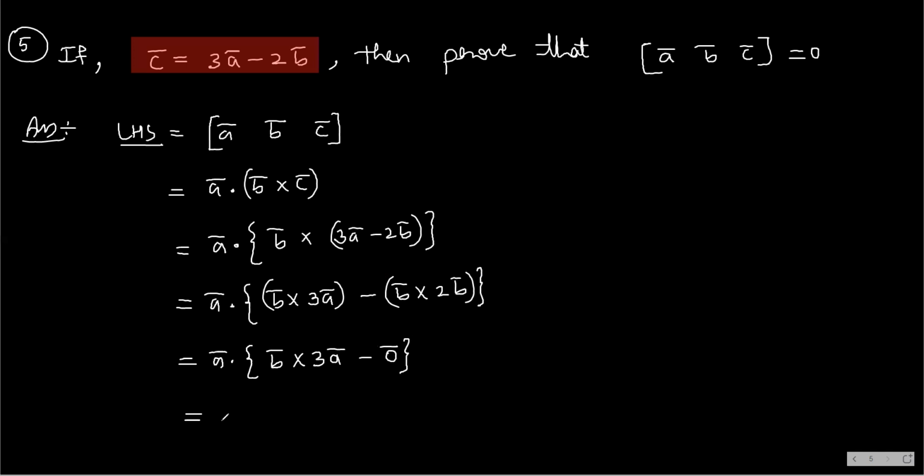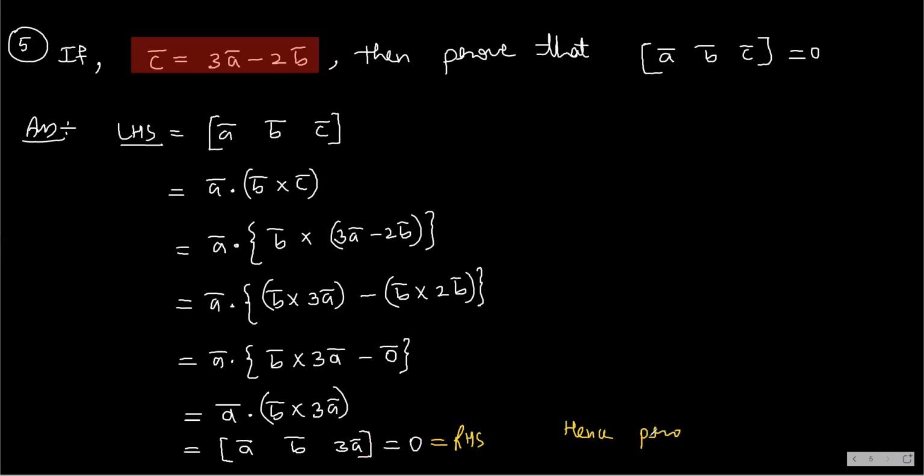So you will write A bar dot B bar cross 3A bar, which is equal to the box of A bar, B bar, 3A bar. Now once again, this is equal to 0. Why? Vector A bar and vector 3A bar are collinear vectors, and you know that for the scalar triple product, if any two vectors are collinear, the scalar triple product is 0, which is equal to RHS. Hence proved.